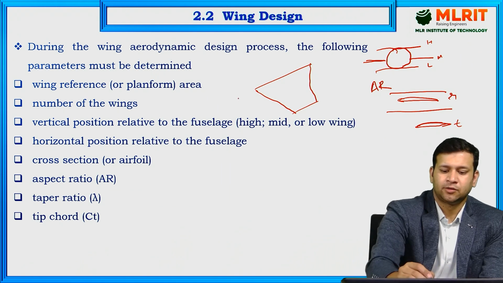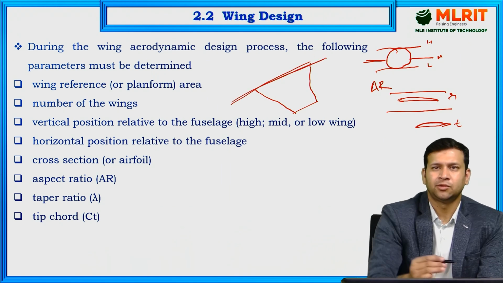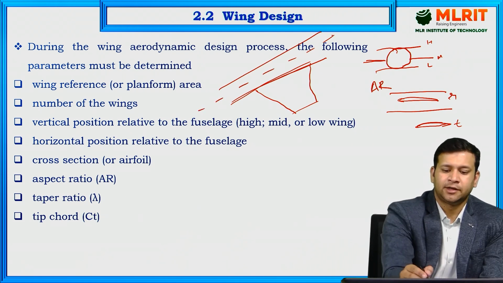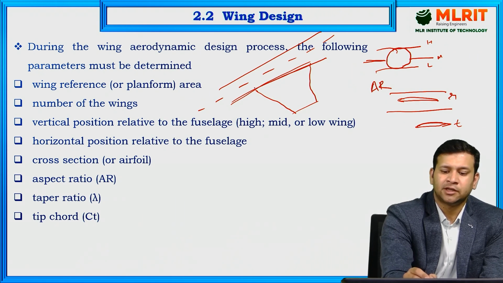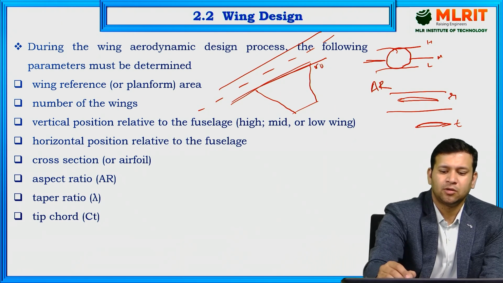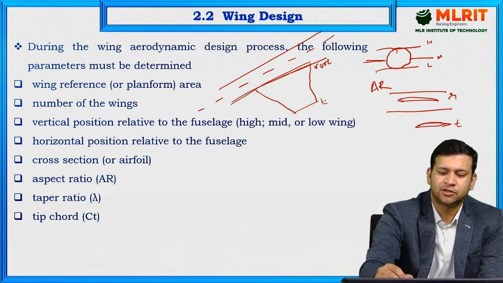Let's see it in isometric view. This is the fuselage and this is the axis. Here the wing is inserted in the fuselage, joined using some rivet system. This is called root. This is tip, which is in free space.